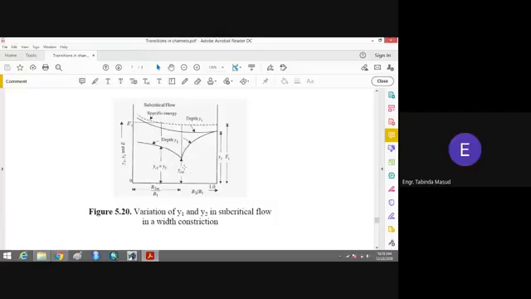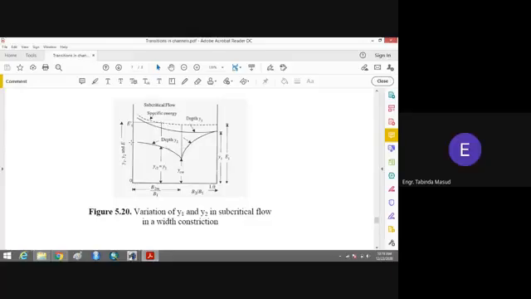In this situation, if you want to have a critical flow, then you should stop at this critical depth of the flow. However, if you don't stop and you further increase the contraction, this Y1 will further increase and you will get different values for the critical depth of the flow. Remember that the critical depth of the flow depends upon the discharge.